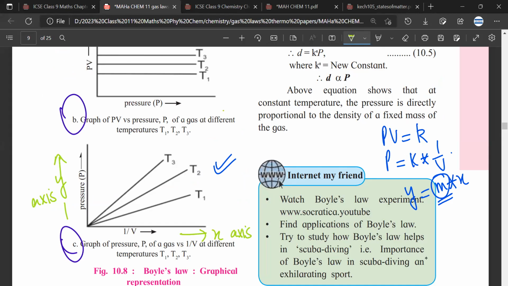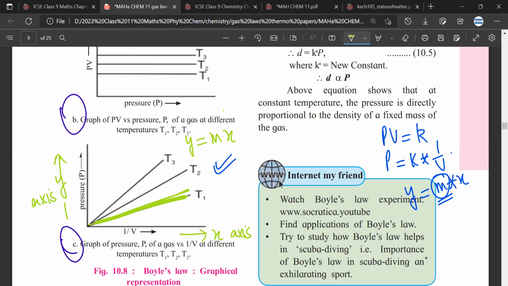This is my x-axis. Any doubt? No. So this y can be written as mx, something like this. This would be a straight line. Any doubt? No.